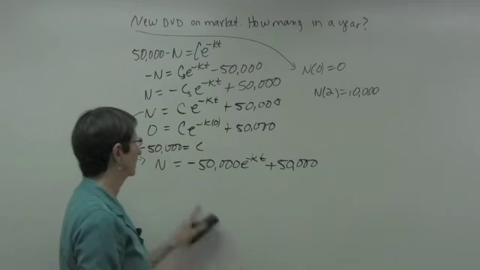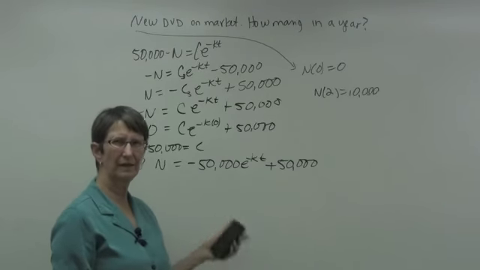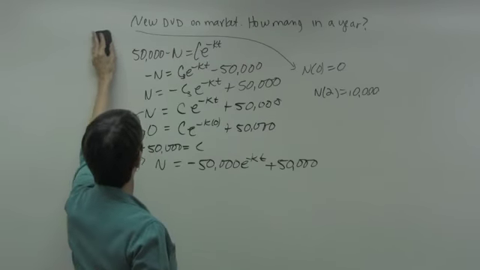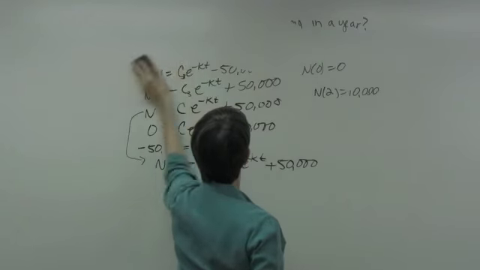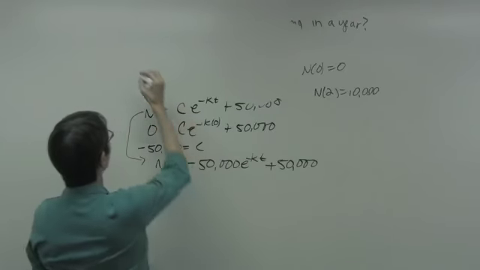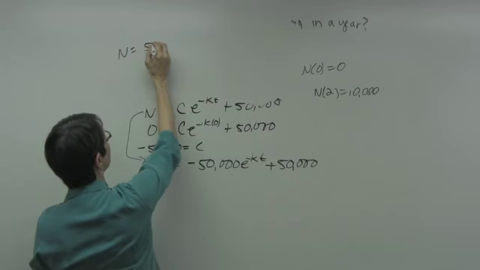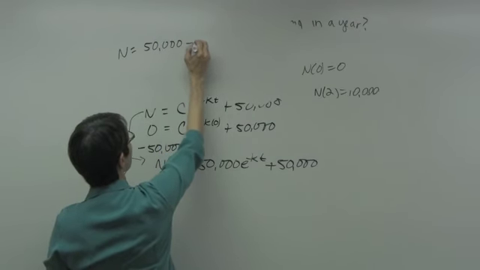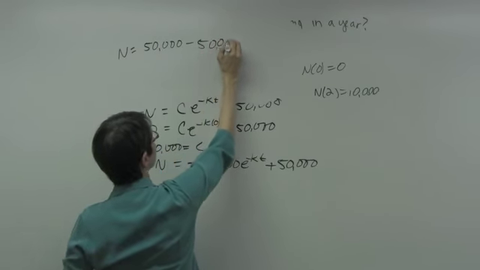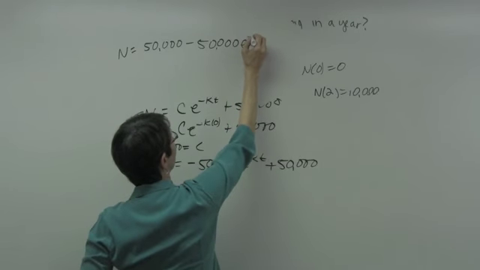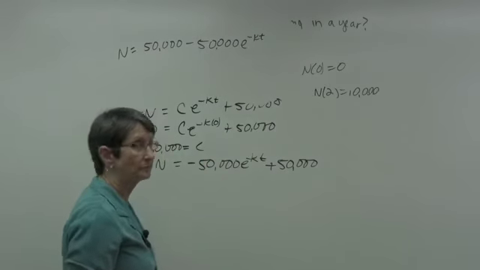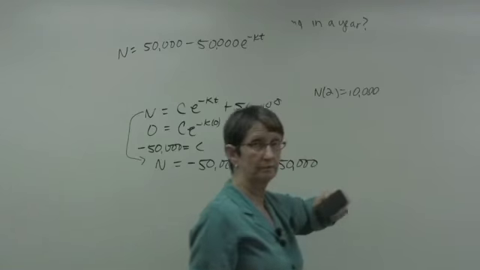And that's kind of a messy way to look at it. So let's go back and rewrite that as N equals, and put the plus first, 50,000 minus 50,000 e to the negative kt. So I've used up my initial condition.